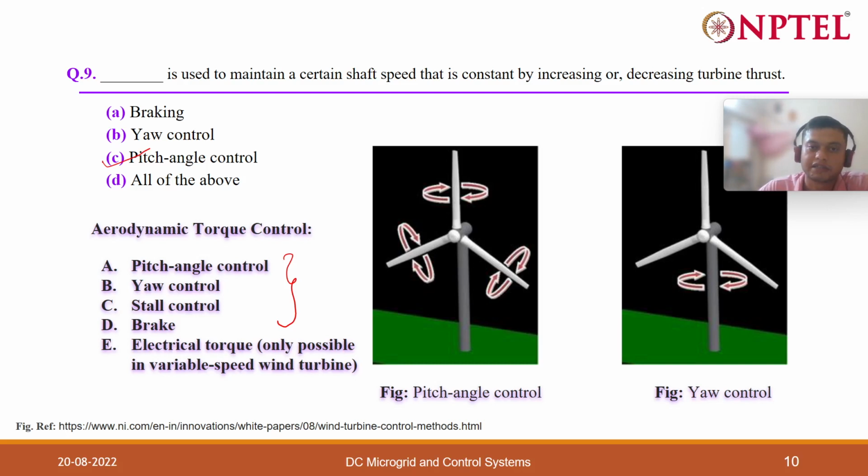Suppose the wind is blowing in another direction, then the wind turbine should face that direction, so you should shift the entire wind turbine horizontally such that you can extract the maximum power output from it.